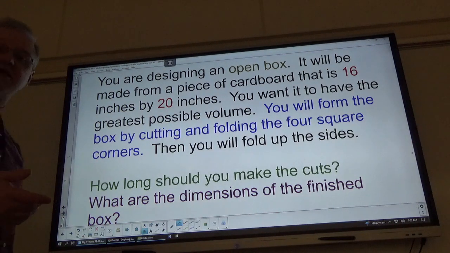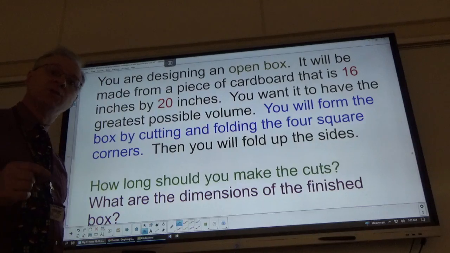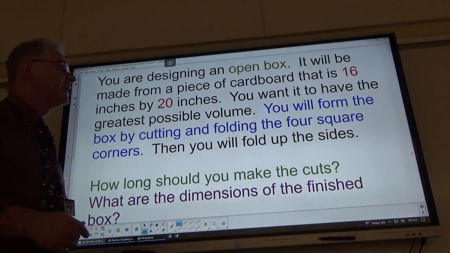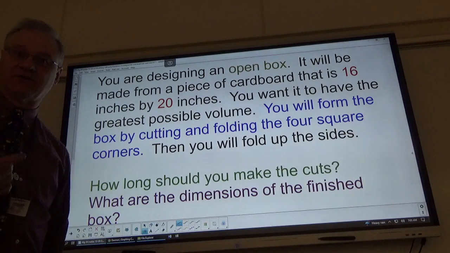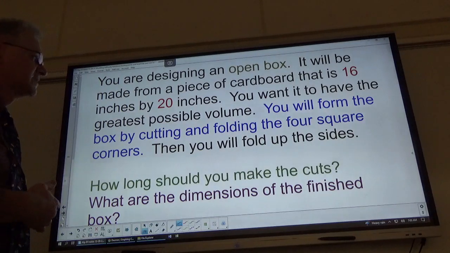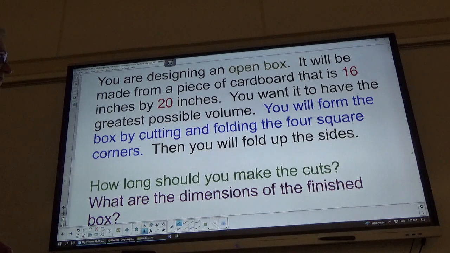Now, if we were making this out of sheet metal, for example, and we were going to weld that seam, we would do a similar thing as what we're talking about here, except we'd cut completely off those sides. You want to have the greatest possible volume. You will form the box by cutting and folding the 4 square corners. Then you will fold up the sides. How long should you make the cuts? What are the dimensions of the finished box?